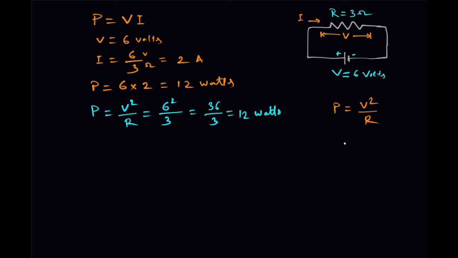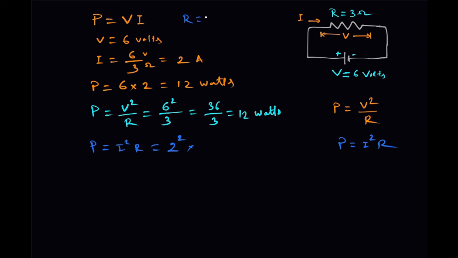There is also one more formula, P is equal to I square R. Let us calculate using this formula. P is equal to I square R. I is the current flowing through this resistance, which we have already calculated. I is 2, so I square, 2 square, into R. R is 3 ohm.